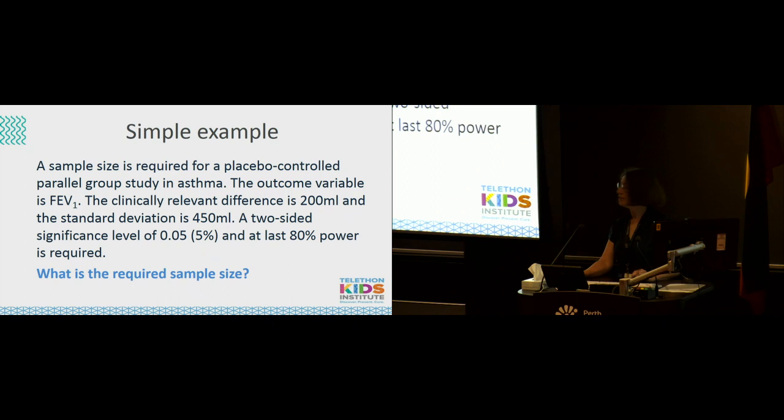Your standard deviation is 450. It's two-sided, so when we look at our alpha, that's going to be alpha upon 2, at 5%. And we want, it should say at least, not at last, at least 80% power.